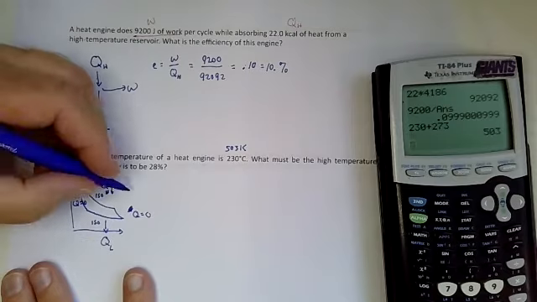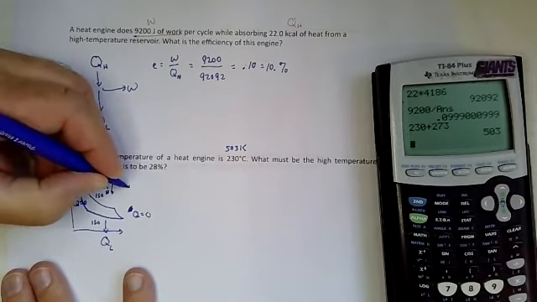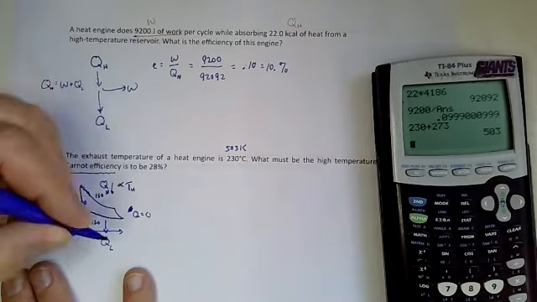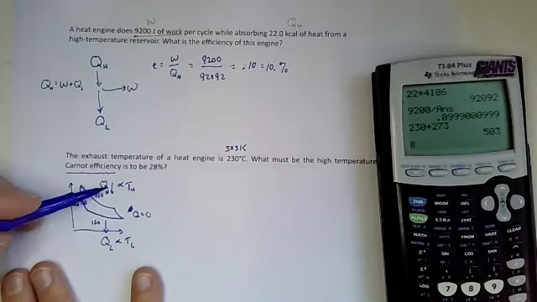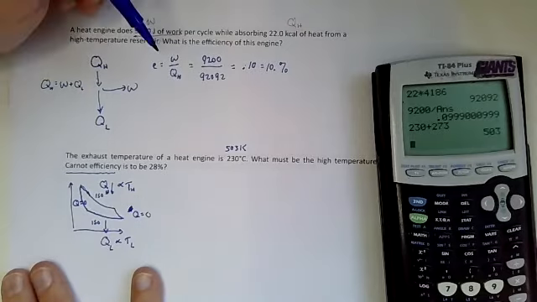And since it's an isotherm, this is going to be proportional to the temperature of our reservoir. And because of this proportionality, that's how we can rewrite the efficiency.